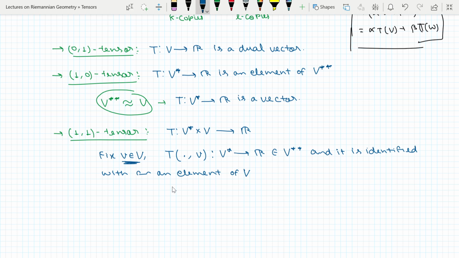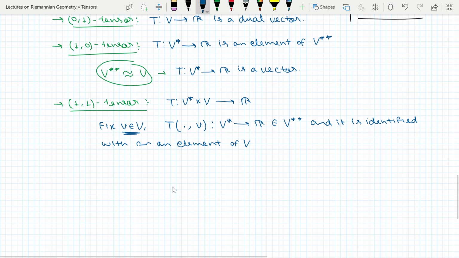I just told you that the 1-0 tensors are maps from V star to R. These are nothing but vectors.